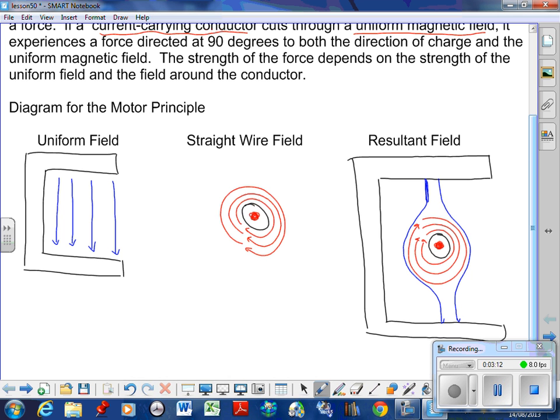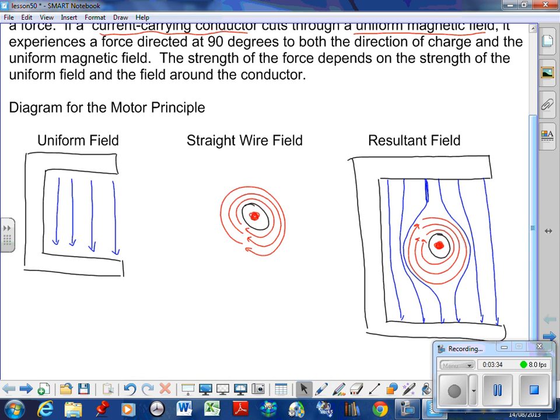So you have to squish the lines a little bit and make them curve so that they work. Here we go. So that's what it's going to look like inside that magnet. So that straight wire conductor bends the uniform field around it.